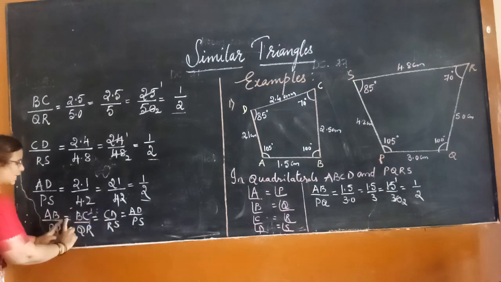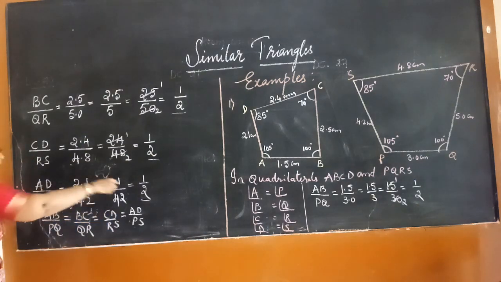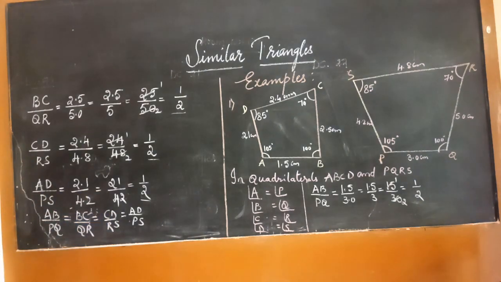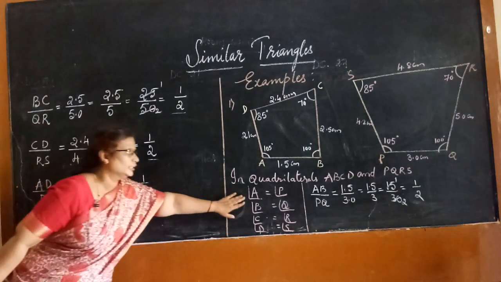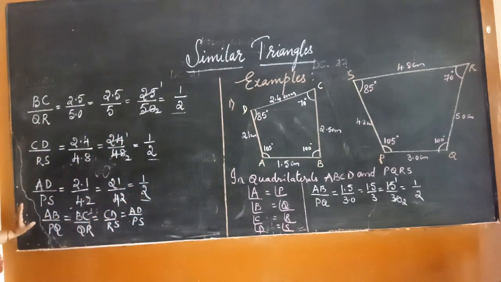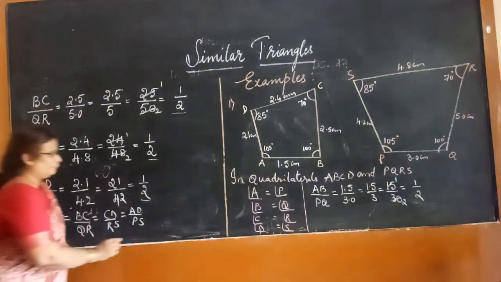All the ratios are equal. Therefore, all these are in proportion. So it satisfies the second condition also. Which are the two conditions? The corresponding angles are equal, as I have written here, and the corresponding sides are proportional.